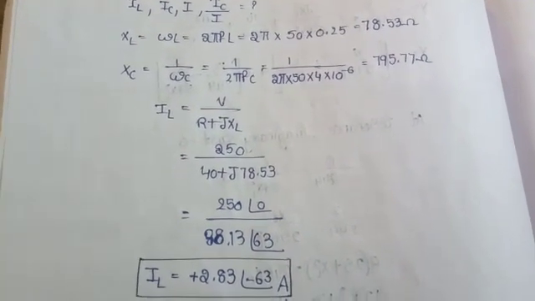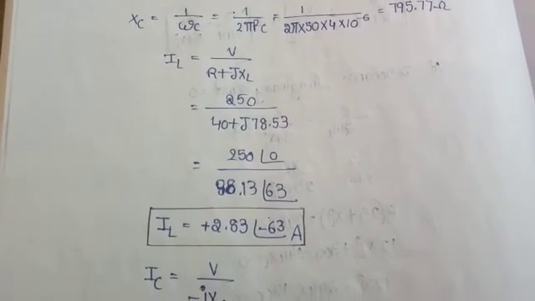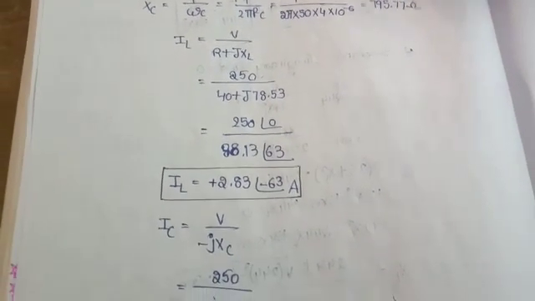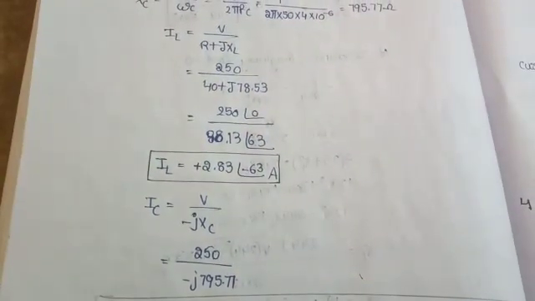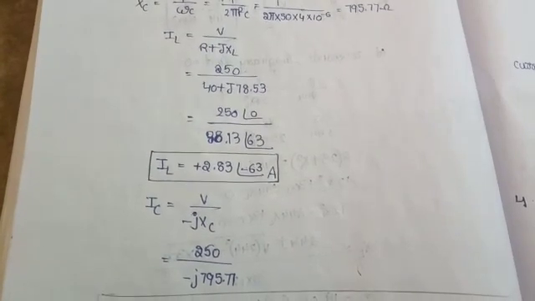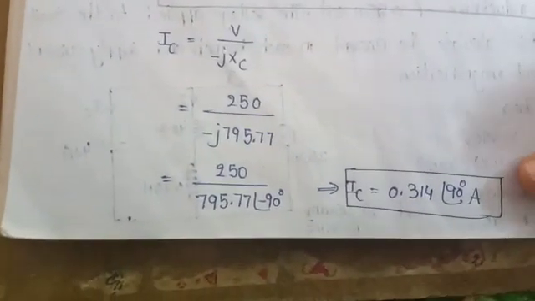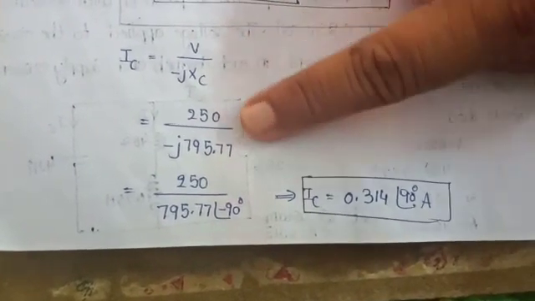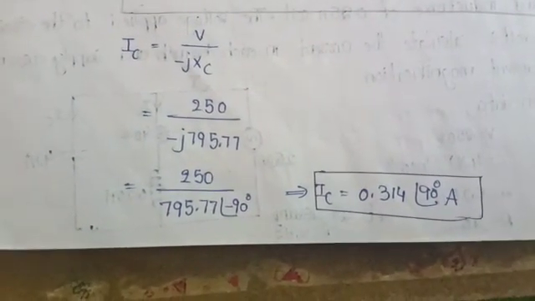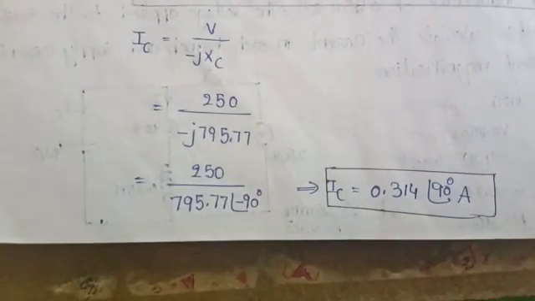Now IL is equal to V by R plus jXL, V is 250 by R 40 plus jXL, which we found to be 78.53. For that we get IL equal to 2.83 at an angle of minus 63 degrees amperes. In a similar manner, IC is equal to V by minus jXC, with V 250 at an angle 0 and XC value 795.77 already determined. We get IC equal to 0.314 at an angle of 90 degrees.